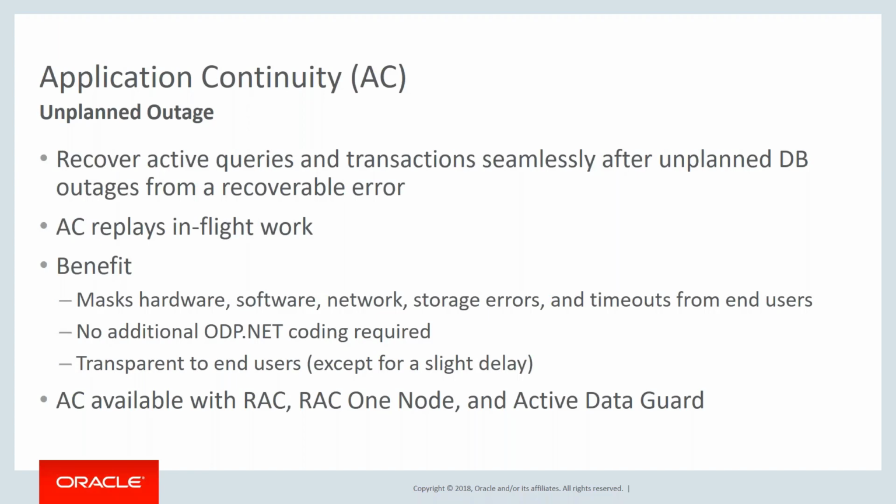The failure occurs. ODP.NET sees that a failure occurs, reestablishes a session in a database that's active, that has access to what was recorded for the in-flight work, replays that in-flight work, and then restores control back to the application user. It's something that we have available with RAC, RAC One Node, and Active Data Guard.